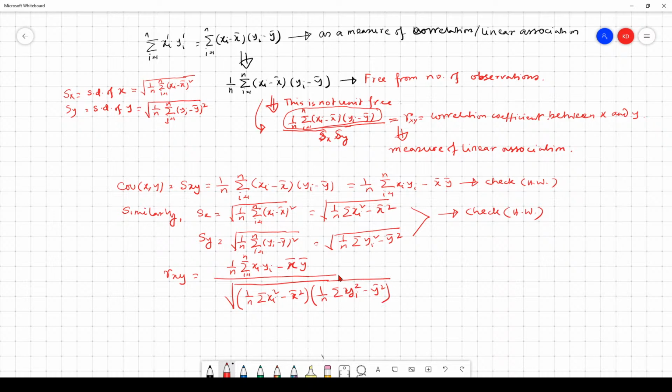For computational purpose, we use this formula.